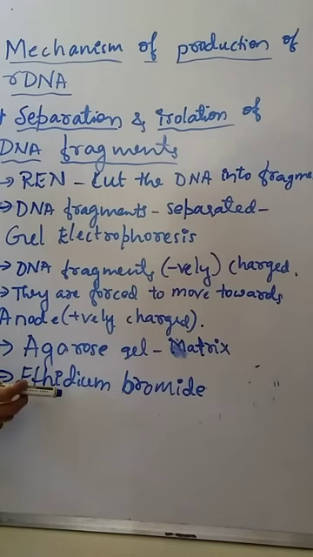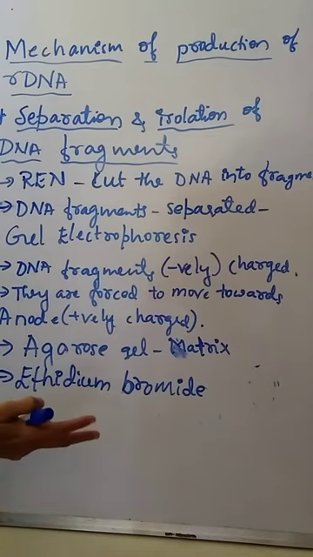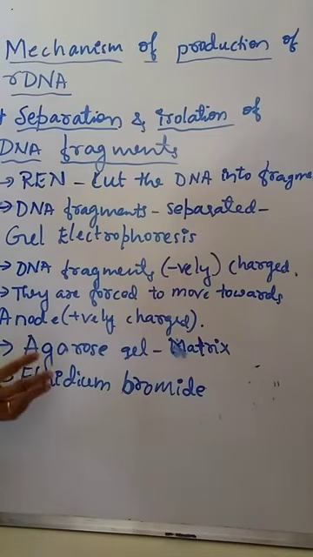Then the separated DNA bands are cut out from the agarose gel. Because these fragments are attached to the agarose gel, we need to cut out the separated bands of DNA and then extract the DNA from the gel piece.